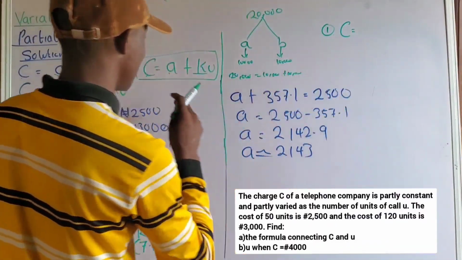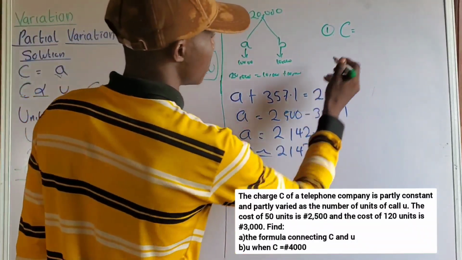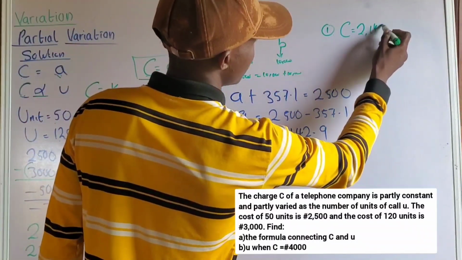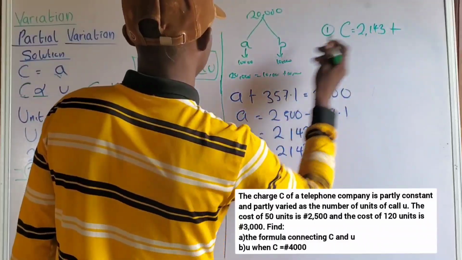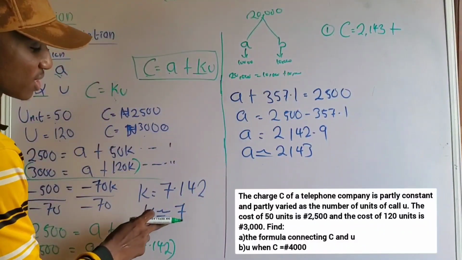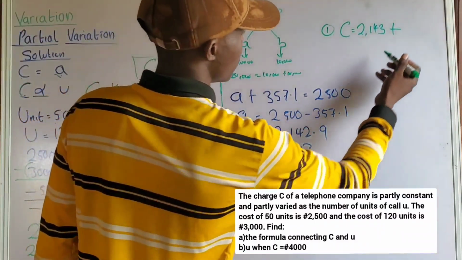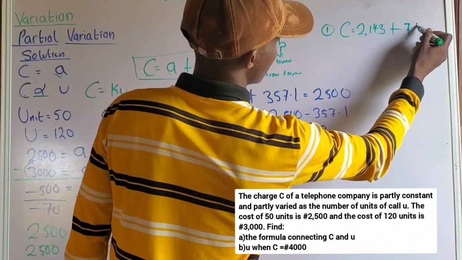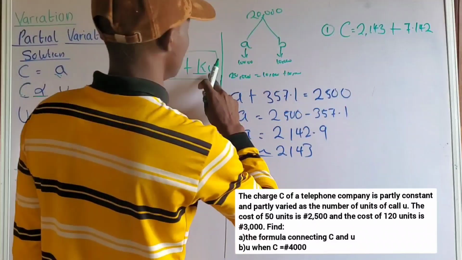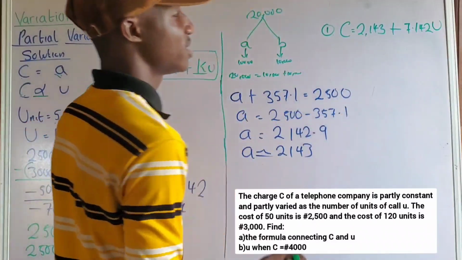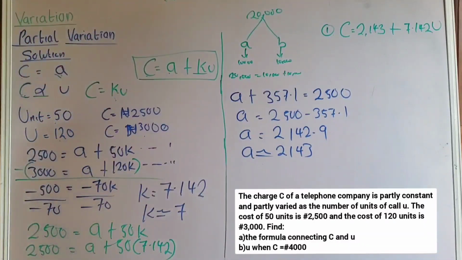C equals A, which is 2,143, plus KU. K is 7 or 7.142, so you can put 7.142U. So this is the formula connecting C and U.